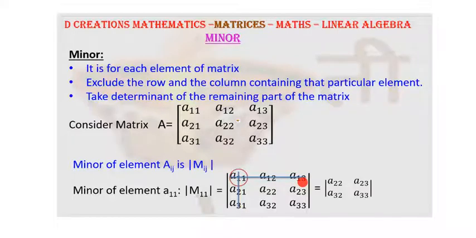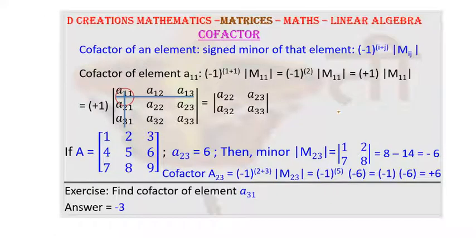Similarly, all the elements in the same column as A11, that is A21, A31, are also ignored. So you are essentially left with 4 elements, A22, A23, A32, A33. And now just take the determinant of those 4 elements. That's all. So this is what a minor is.